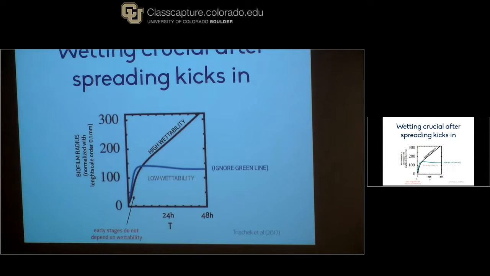Yes? To clarify, the mutant, that corresponds to setting some parameter in your model? Not really, because it just really doesn't have that motor. Because here there are two things, there is the contact line and there is the bulk, the osmotic spreading.